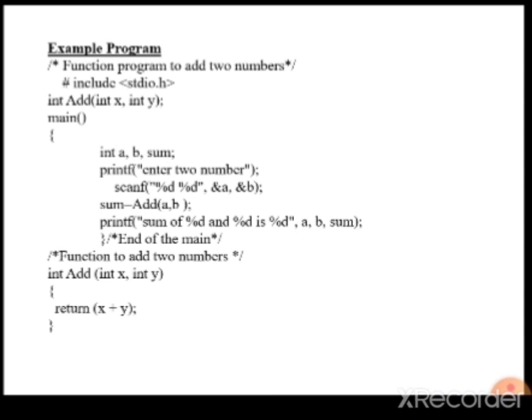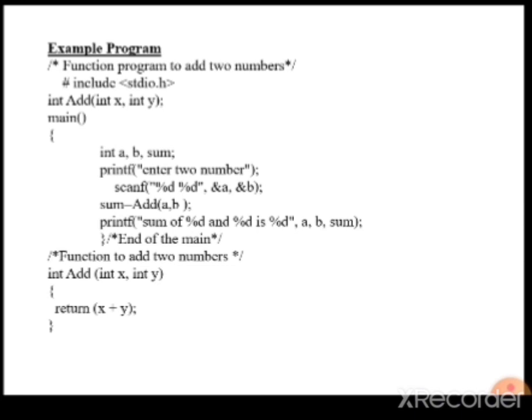When you call the function, the control goes directly to the function definition section. Soon after the function call, sum equal to add(a, b), control goes to the function definition section, int add(int x, int y). So here a is copied to x, and b is copied to y.